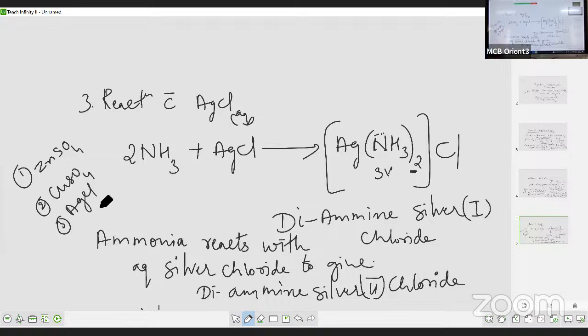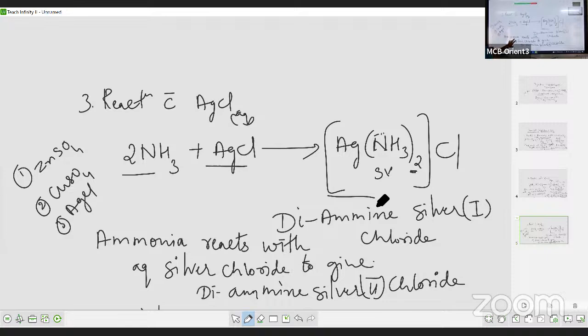Make the statements simple. Don't make your statement complicated. Make the statement the way you see it in the equation. So ammonia reacts with silver chloride to give a colorless complex of diamine silver I chloride. Make the statement simple.